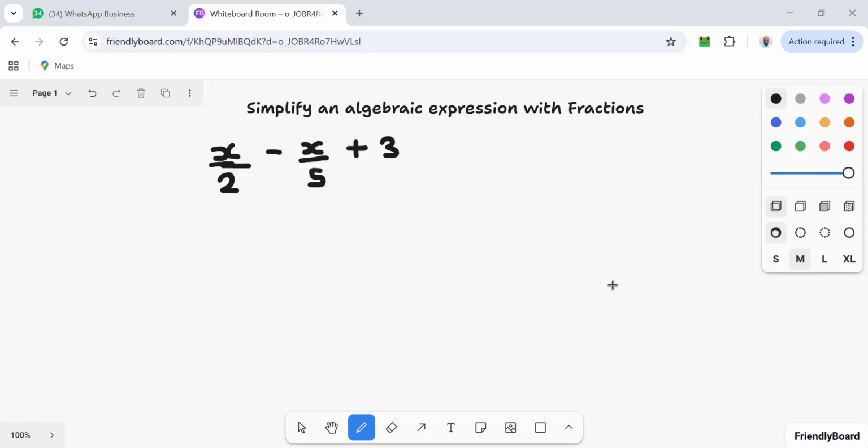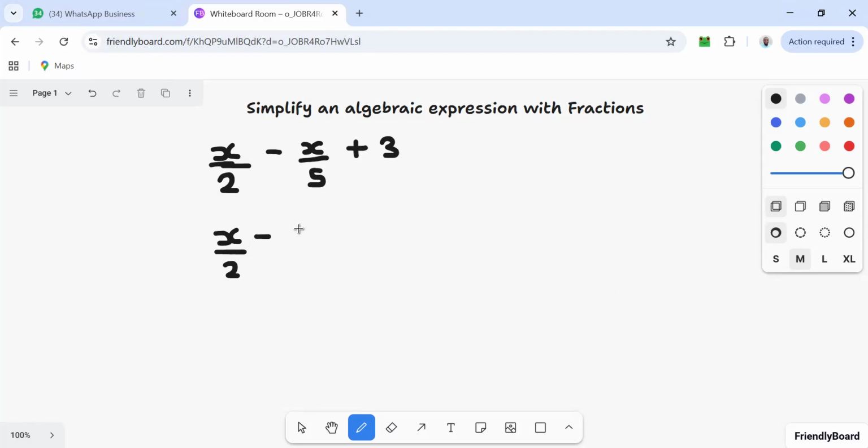But for me to identify my LCD, first I need to express everything as a fraction. You can already see that x over 2 is a fraction, x over 5 is a fraction, but 3 is not in fraction form. So the first thing I'll do is rewrite everything in fraction form.